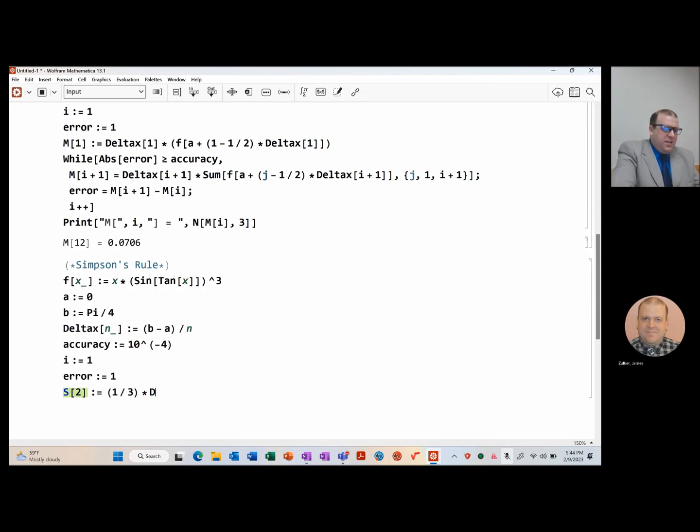That's 1/3 times delta X of 2 times, we want f of A plus f of B, those are the two endpoints. And then we have 4 times y sub 1, right?